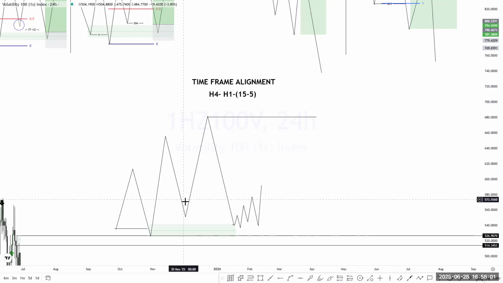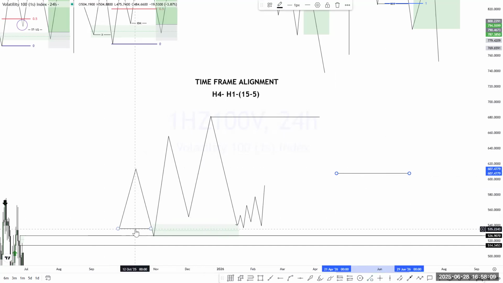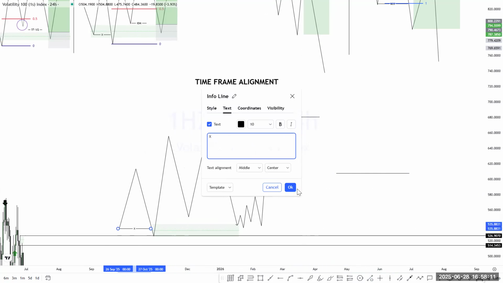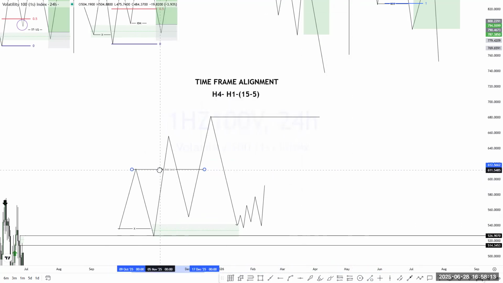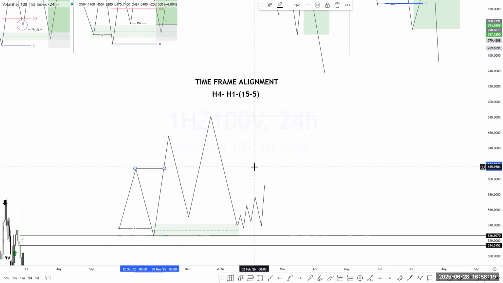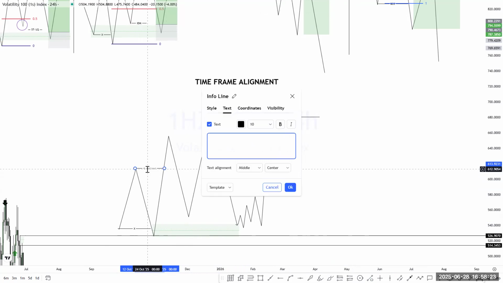So let's assume these are 4 hour time frame. What you need to do is identify your SBI on higher time frame. First, you identify your sweep. I'm going to use my heads. You identify your break. So if you identify your SBS on higher time frame, the same thing is applicable to the lower time frame.